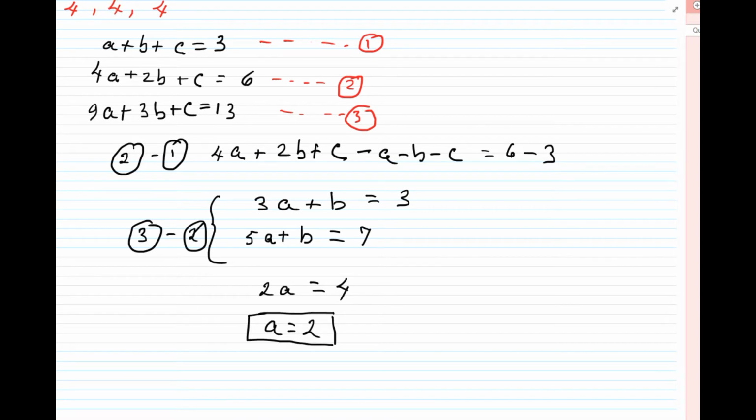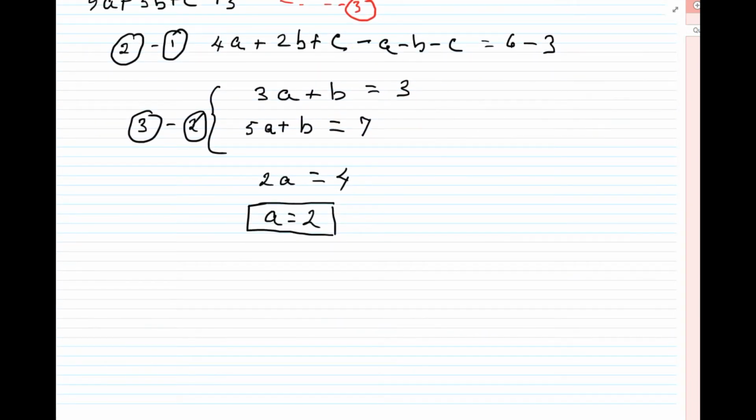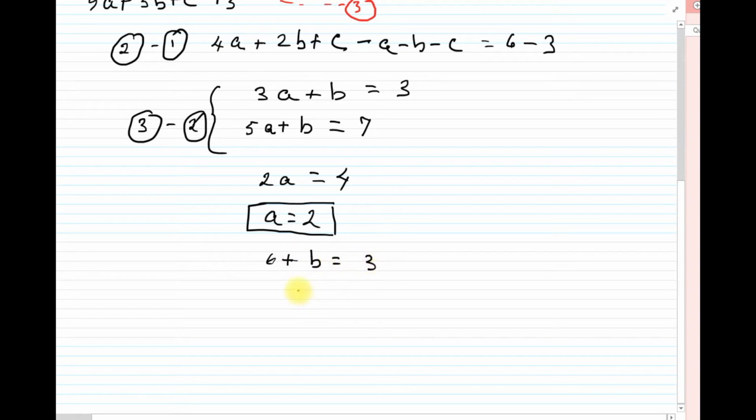Well, now that we have a, we can work backwards and find b and c. If I substitute 2 for a in this equation here, either would do, I'll do it in the top one. I get 3a plus b is equal to 3. Substituting 2 for a, I'll get 6 plus b is equal to 3. From here, I get b is equal to minus 3.